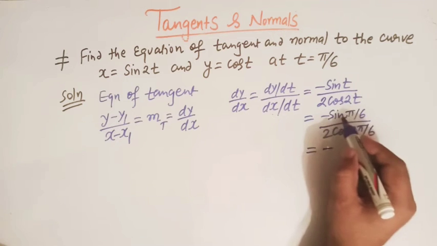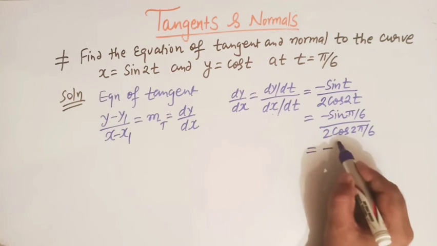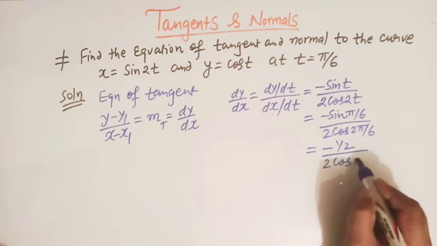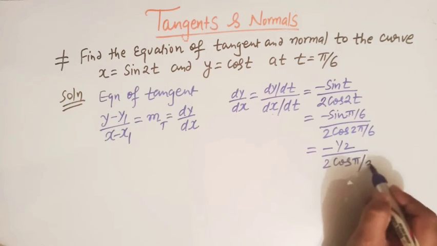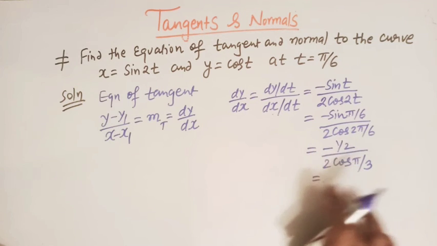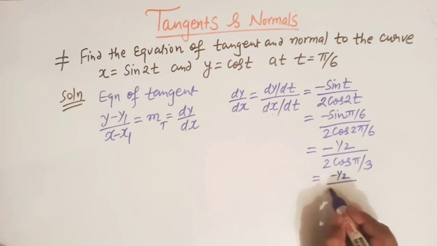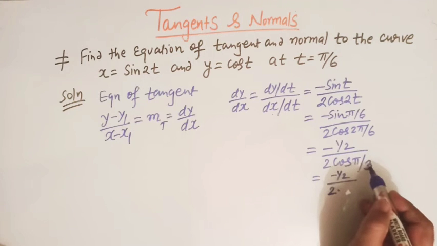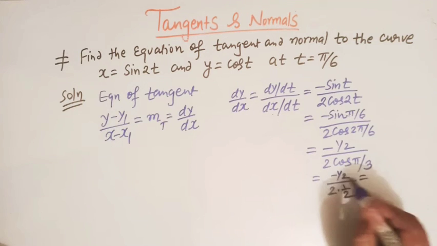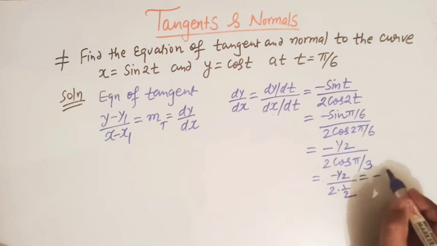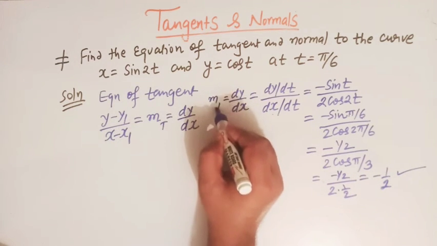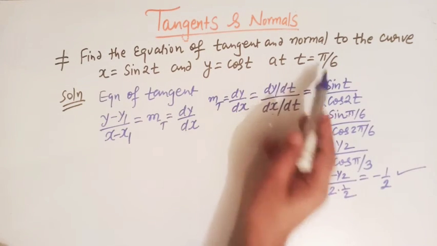Sine pi by 6, that is 30 degrees, is half, so this is minus half, and here we have 2 cos pi by 3, that is 2 times cos 60 degrees, that is half. Clear? So half and half get cancelled, so we have minus 1 by 2. So this is the slope of the tangent at t equal to pi by 6.